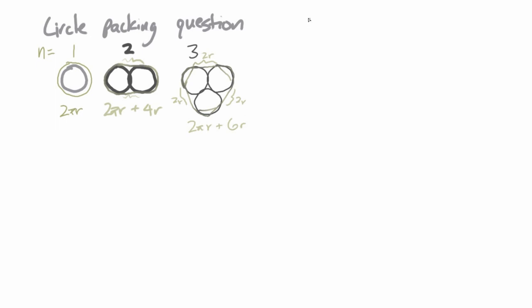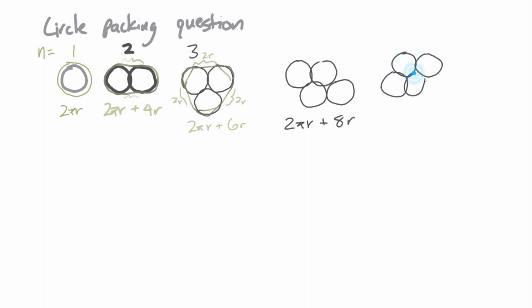So already with n equals 1 through 3, we're getting sort of a pattern. Let's see if the pattern holds. I think with 4, the shortest one is like this, and actually you get 2 pi r plus 8r. And with 5, I think it's like this, and you get 2 pi r plus 10r.